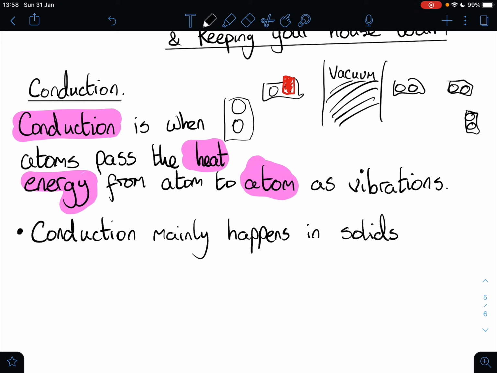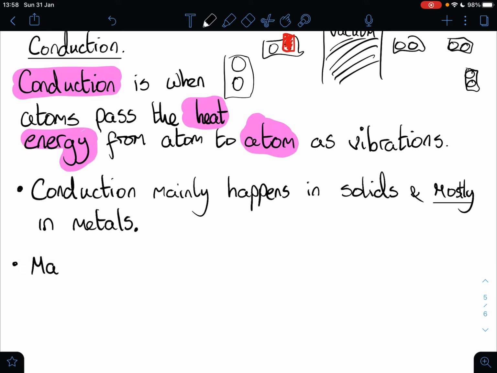So conduction mainly happens in solids and mostly, again, mostly, M-O-S-T-L-Y, in metals. That's a key characteristic of metals. There are some non-metals that do conduct. Water, for example, graphite, which is in your pencil, but we're using the word mostly here. So mostly it's metals.